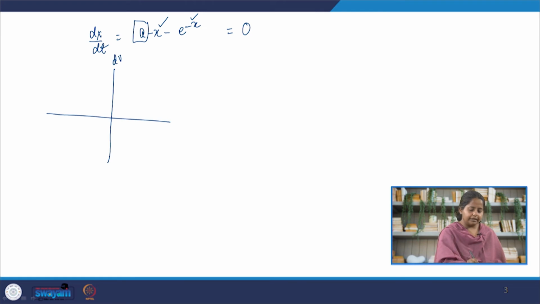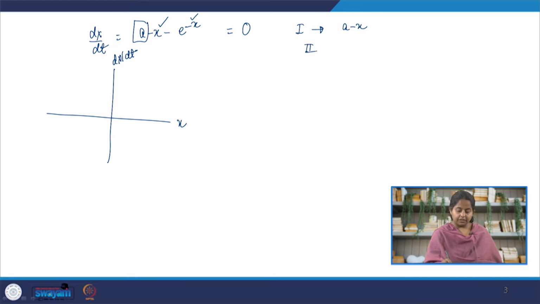Let us plot dx by dt on the y-axis and x on the x-axis. We can split our dx by dt very conveniently into two different functions. The first function is a minus x, which is a simple line with negative slope.